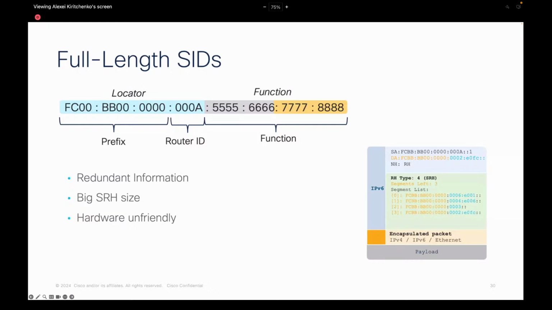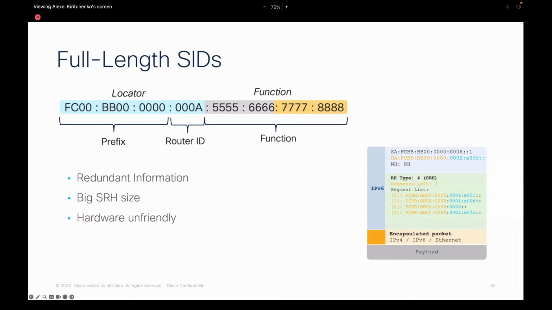In a real-life scenario, if a router wants to send the packet through several devices, through 4 devices, it needs to build an SRH. And the SRH has an additional 8 bytes and 16 bytes for each individual SID. So the router needs to build quite a large piece of data, and it needs to put it into the header.